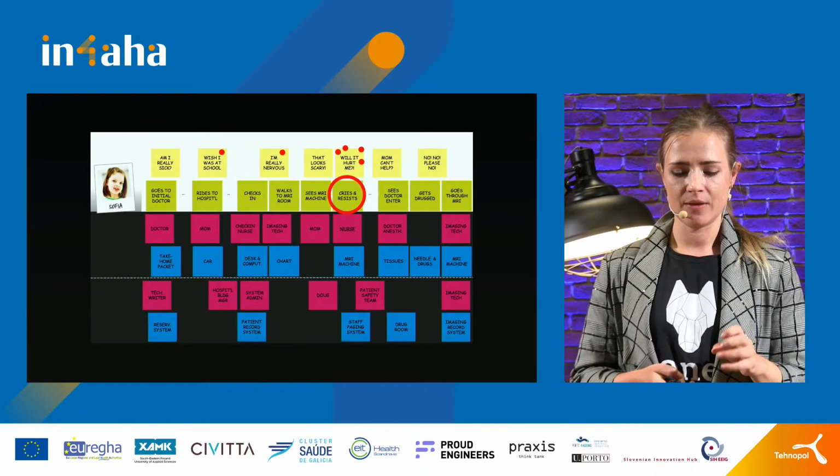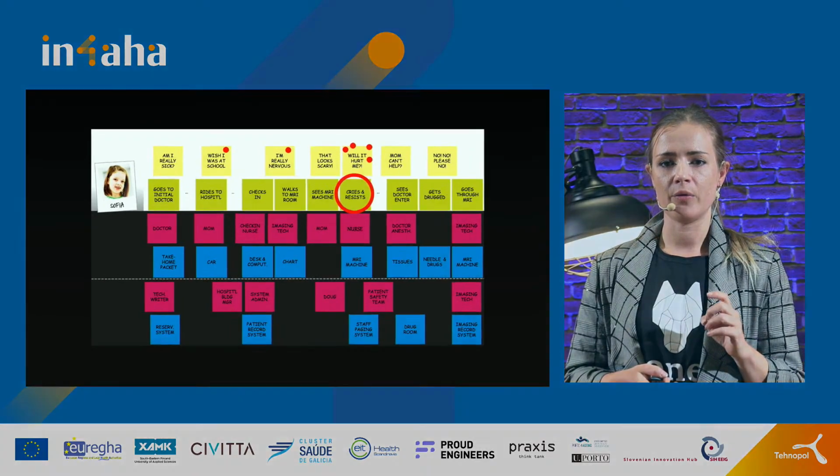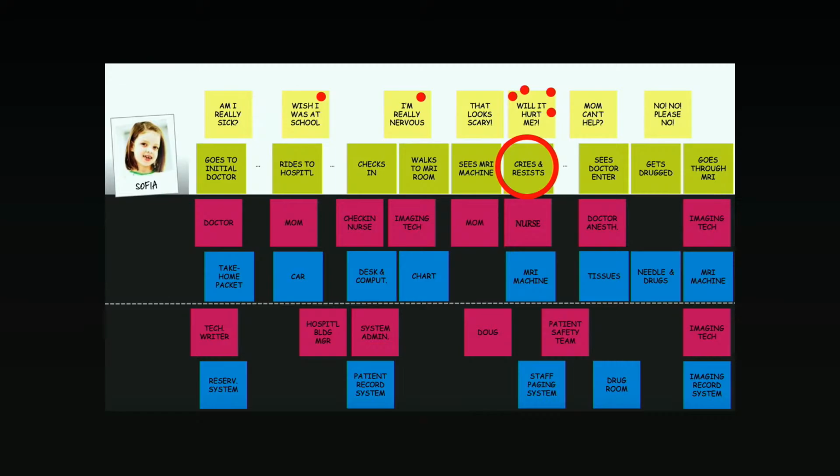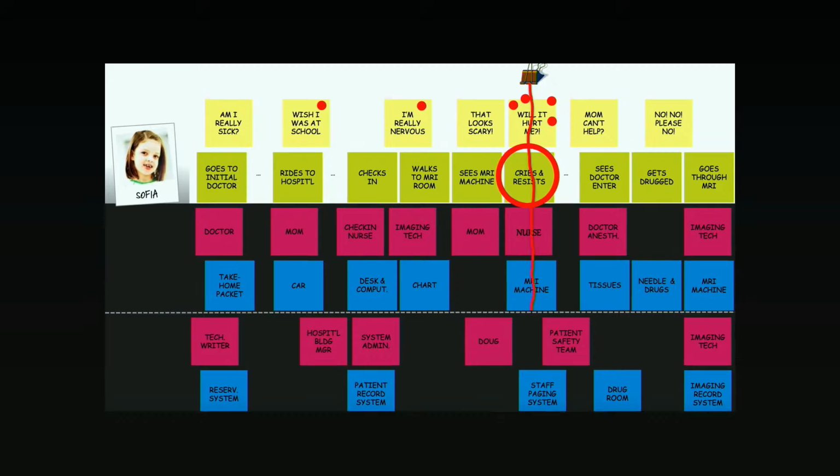So in this case, the team found that the "will it hurt me" question is the most powerful one, the most confusing one. So how can we revert this into something positive? How can we revert this to something that has an impact? And literally the answer sits in front of your eyes. How you work with this is that you can draw a line.